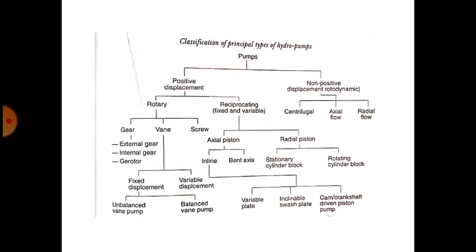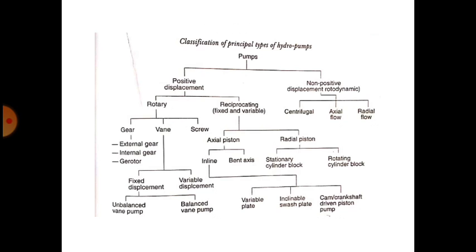In rotary type there are gear pump, vane pump, screw pump, and again in rotary also there are fixed displacement pumps and variable displacement pumps. Again it is divided into balanced pump and unbalanced pump.